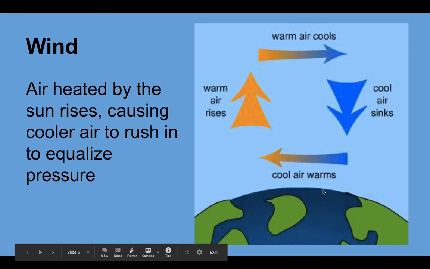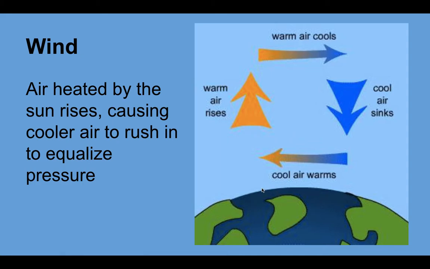The air closest to the Earth, where it's radiating up and reflecting the sun's heat, is going to rise because it gets warmer. The higher it rises, the more it cools, because it's further away from Earth's surface and it loses its heat into the atmosphere. So that air will then sink back down and the process repeats. As it gets closer to the Earth, it warms back up, rises, and goes back down.